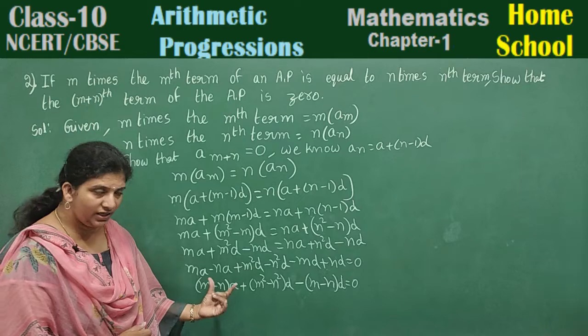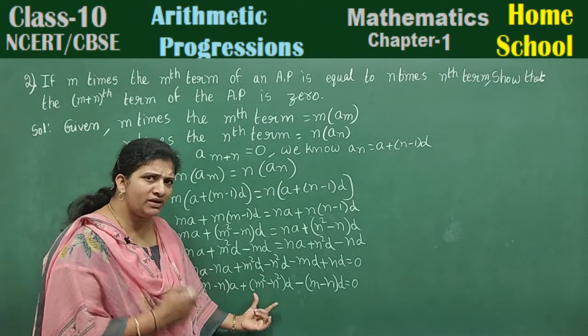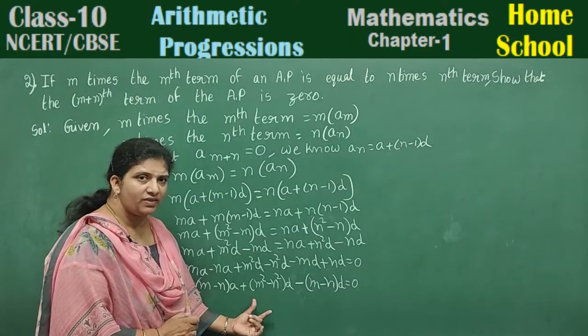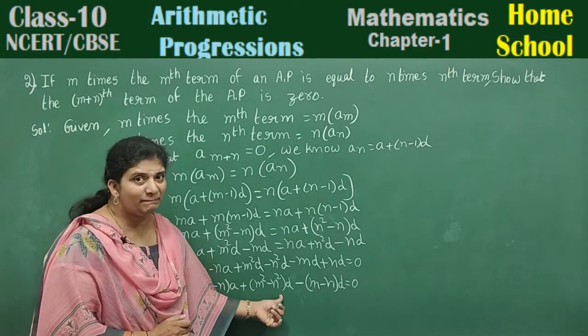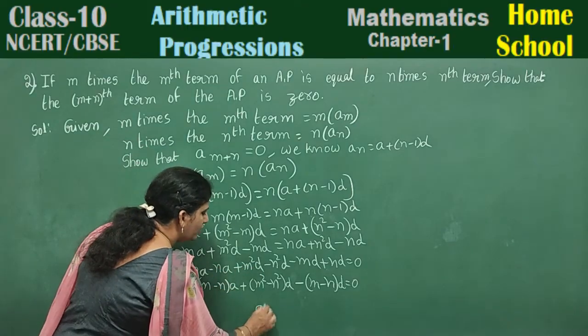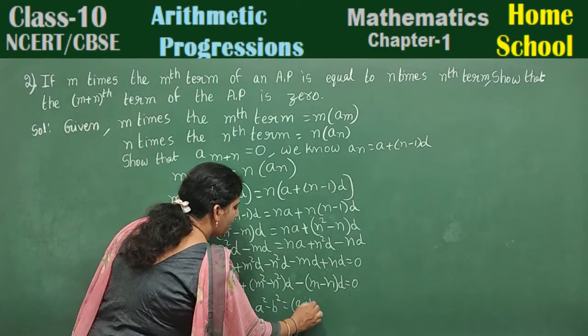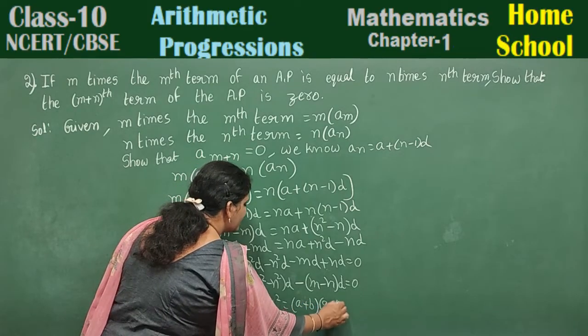Understand here carefully. And now, look here. We can remember the identity. What is that? A square minus b square. Do you remember, children? Let me write the identity here. We know a square minus b square is equal to (a plus b) into (a minus b).